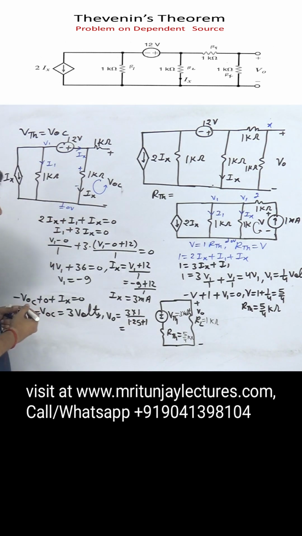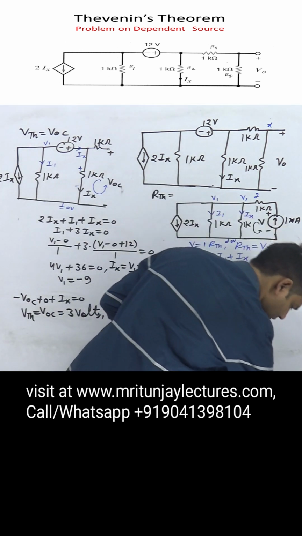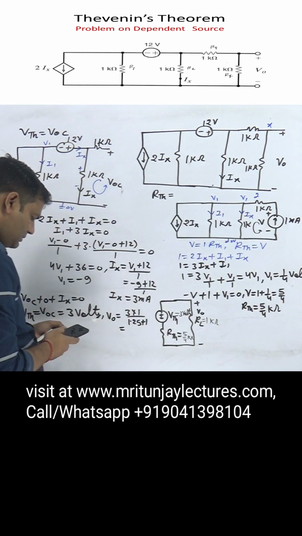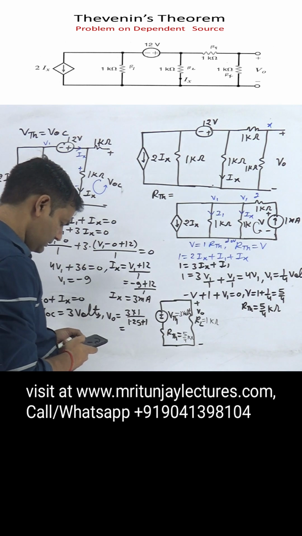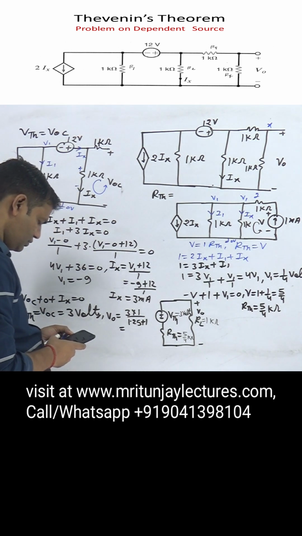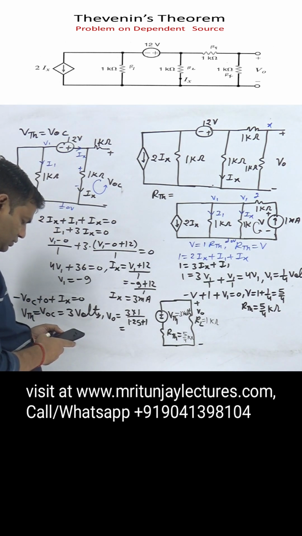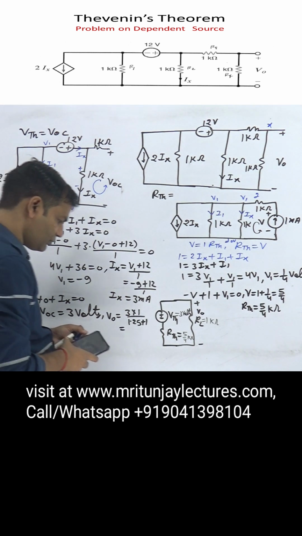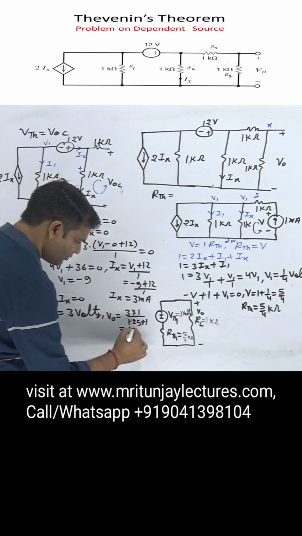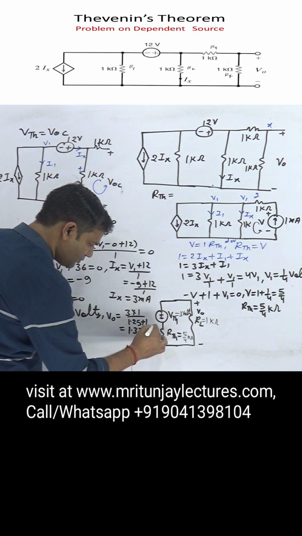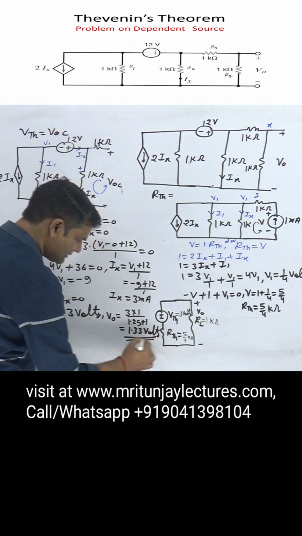So 3 divided by 2.25, and we get 1.33 volt. 1.33 volt is the final answer.